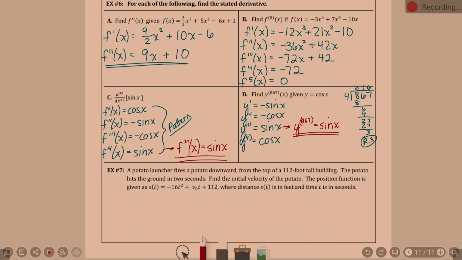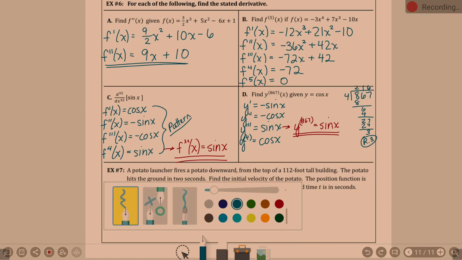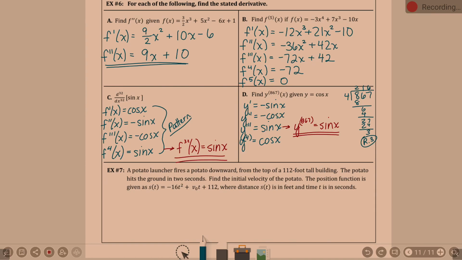Okay, so you're going to take that equation, and we're finding the initial velocity. And what do we know? The potato hits the ground in 2 seconds. So, first of all, can we find S of 2? Yes. Negative 16 times 2 squared plus V naught times 2 plus 112. And what's that going to equal?